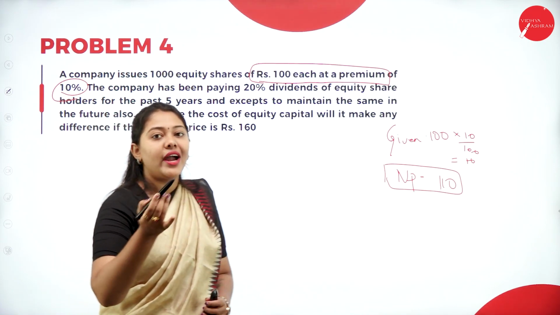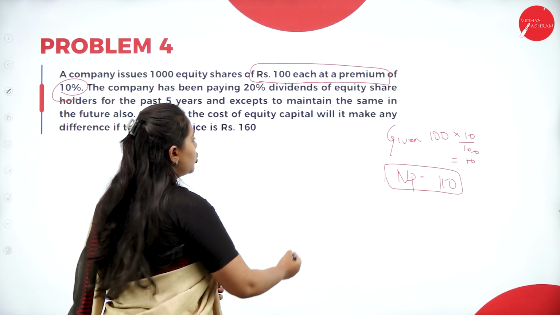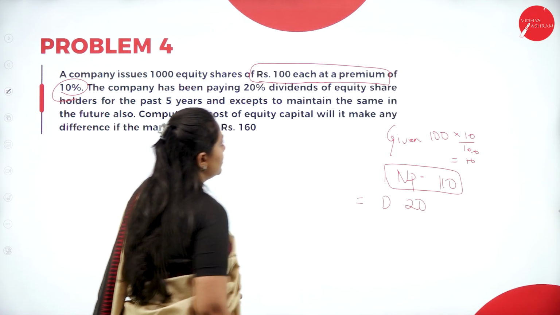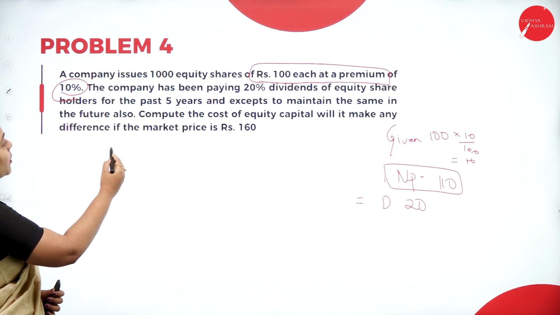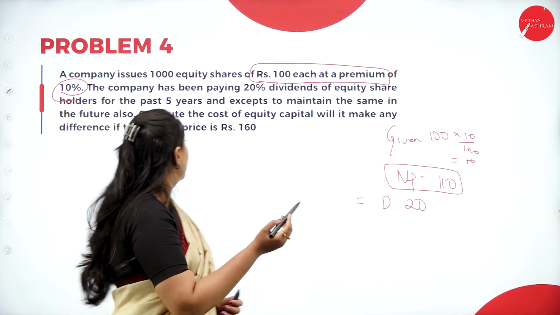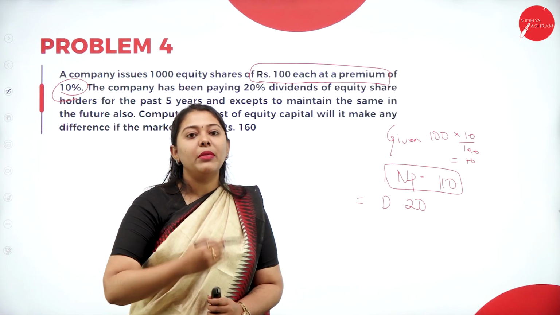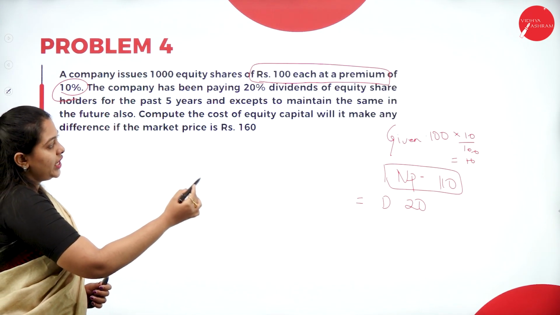So 20 divided by 100 will be 20, so 20 will be the dividend. Next, to equity shareholders for the past 5 years and expected to maintain the same in the future also. So they are maintaining the same dividend rate in the future also. Compute the cost of equity capital.